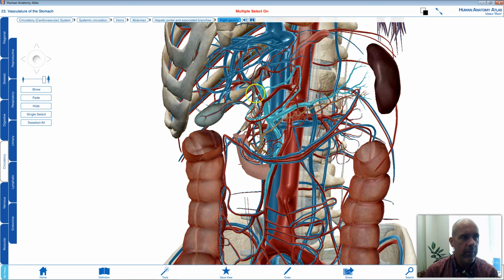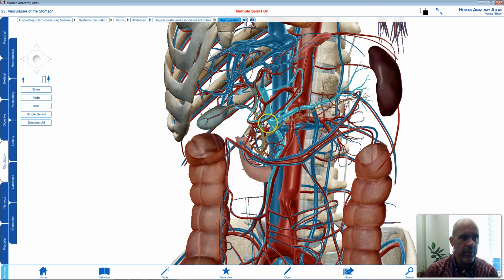That's got a left and a right portion, but don't worry about left and right. It just makes a circle just like the gastric artery did. All of those connect into the hepatic portal vein. And then remember the blood draining off that's passing through the inferior mesenteric vein. That one connects, that's it right here, and it connects over here into the splenic vein, and then the splenic vein merges into the hepatic portal vein.